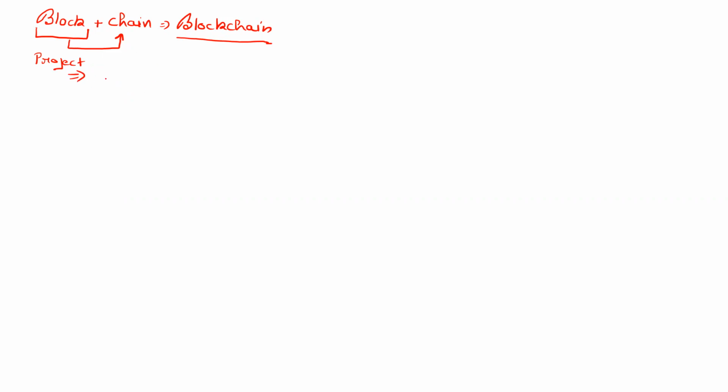Suppose we have engineers A, B, C, and D. So we have 4 engineers, and the project is divided among them. A has part number 1 of the project, B has part number 2, C has part number 3, D has part number 4.